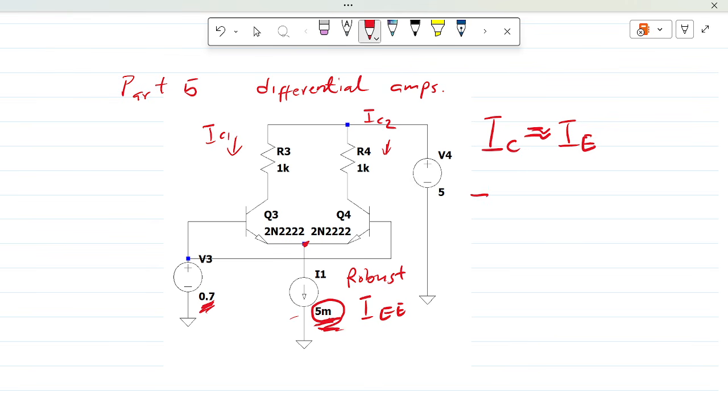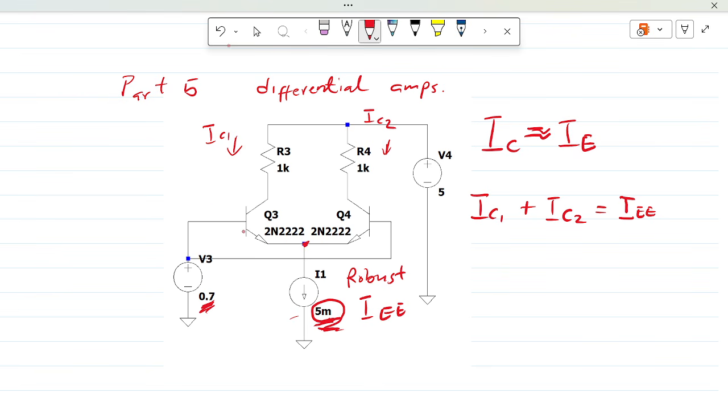So we can write IC1 plus IC2 should be IEE, which is very important. We saw how robust that made our device, preventing it from running into saturation.